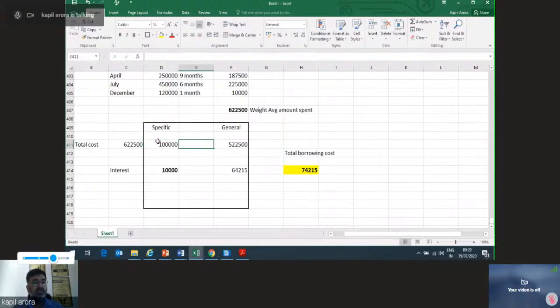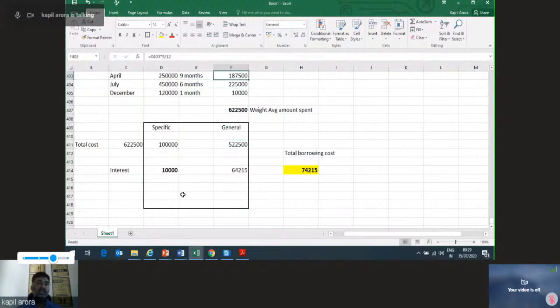Whereas on generic borrowing, I cannot capitalize interest on the entire amount. So I take the interest only on the amount which is spent. So we have taken the specific loan first, not the generic loan. This is the specific loan, then the rest is the generic loan.